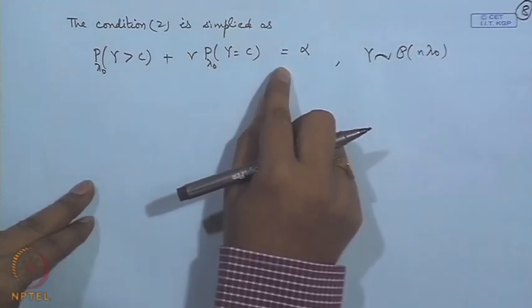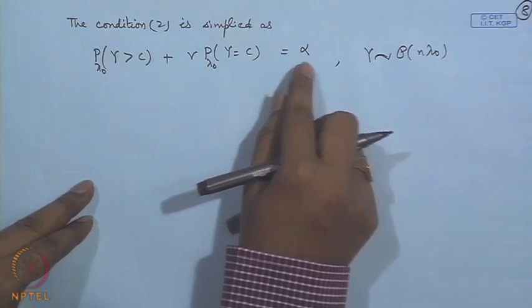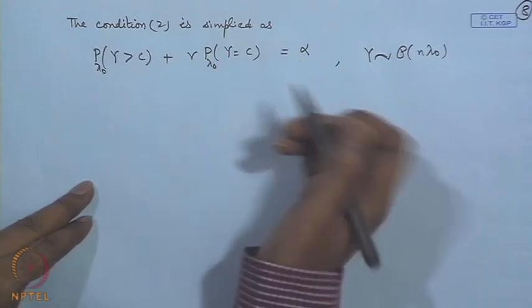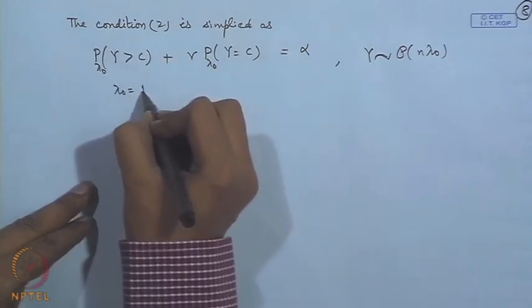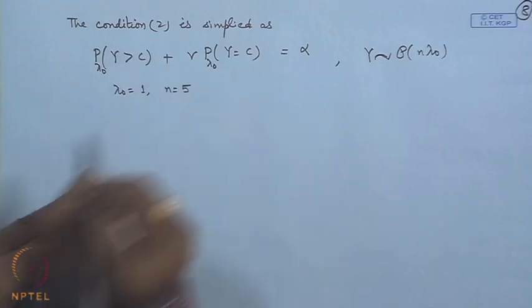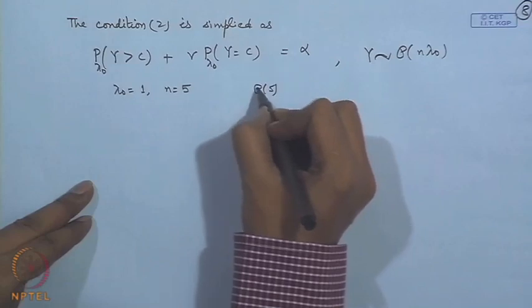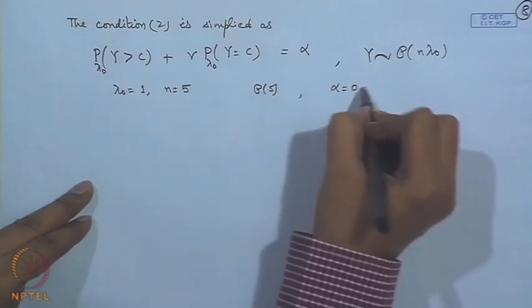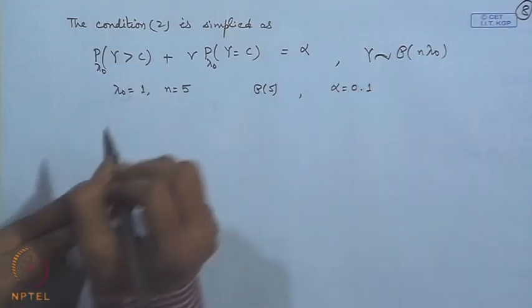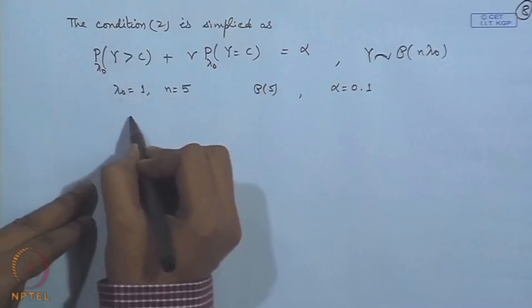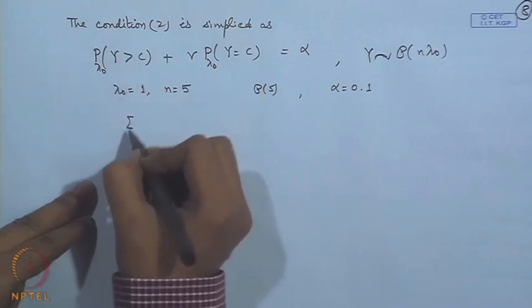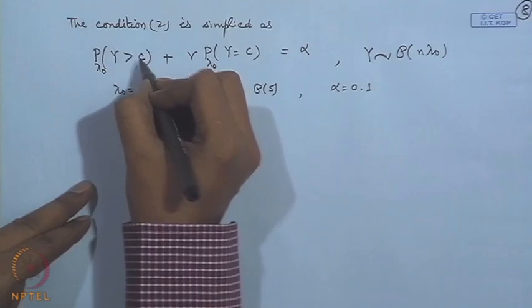Therefore, from the tables of the Poisson distribution, one can calculate this. Suppose I say λ0 is equal to 1 and n is equal to 5, then basically we are looking at the tables of the Poisson(5) distribution. Suppose I say α is equal to 0.1, then what we are seeing here is the point from where the tail probability is α. This c need not be an integer.